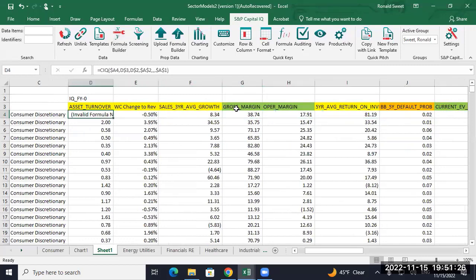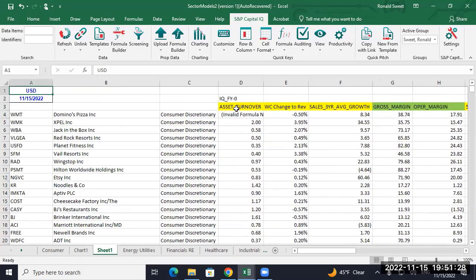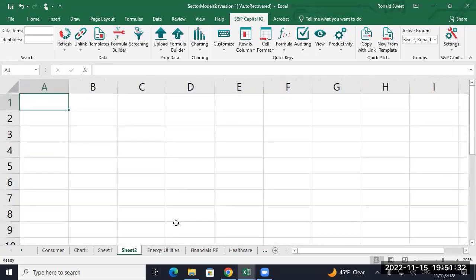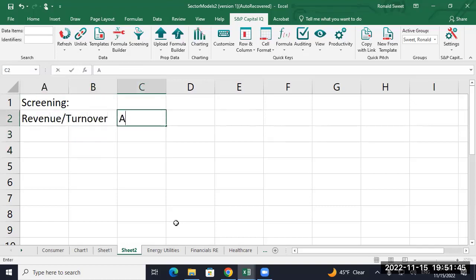So what kind of accounts would you bring over? When I'm looking at screening, I want something on revenue and turnover. So I like asset turnover. I also like asset turnover improvement.